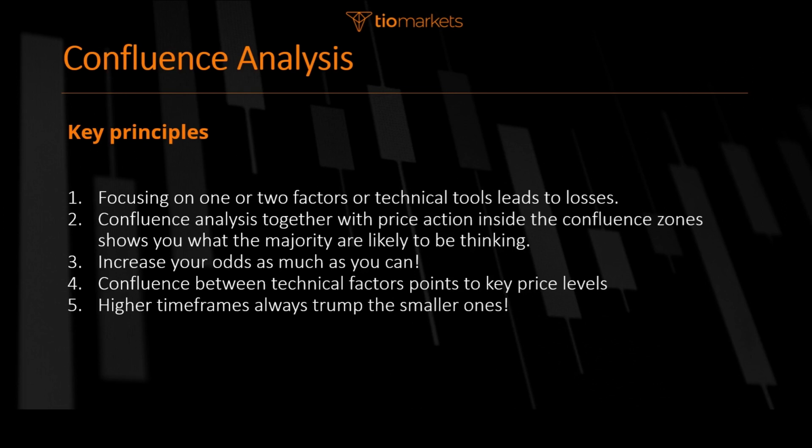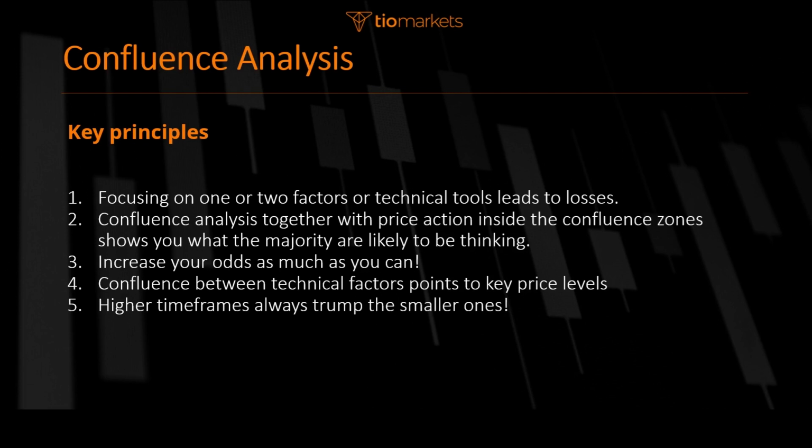And if we can identify an area where those things come together, then there's a bigger likelihood that we find an area that's significant for a lot of people. And then price action inside that area is going to be much more meaningful than outside of that area.